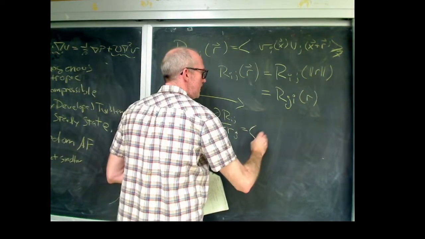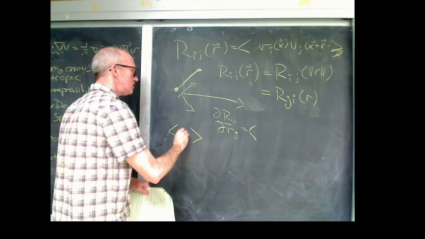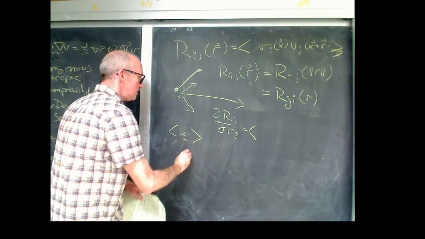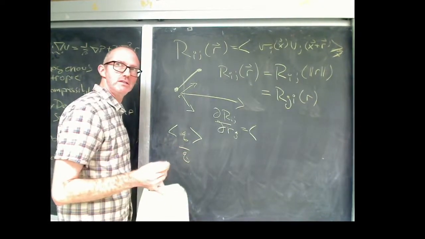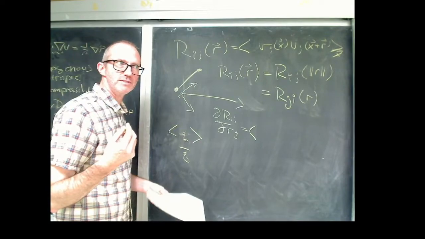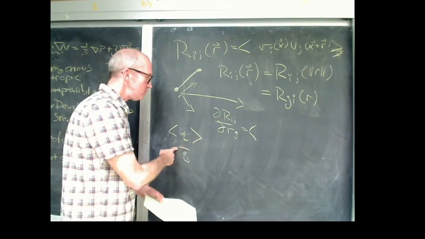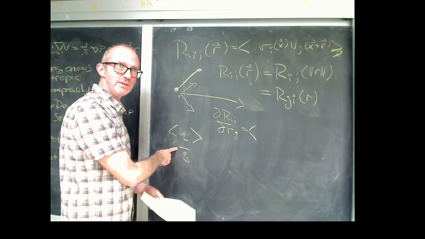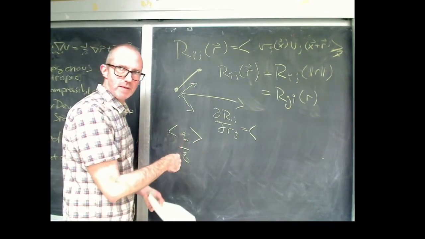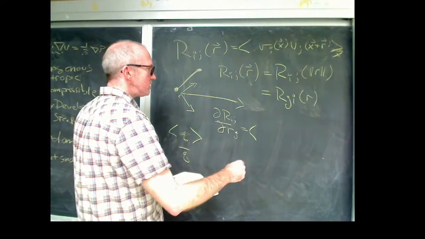Also, I use angle brackets to denote average. The book uses an overbar. Doesn't matter, as far as I'm concerned they're equivalent. Generally, this means space averaging and this means time averaging, but since we're really doing ensemble averaging everywhere, it doesn't really matter. But the angle brackets are a little bit more explicit, so I use those.